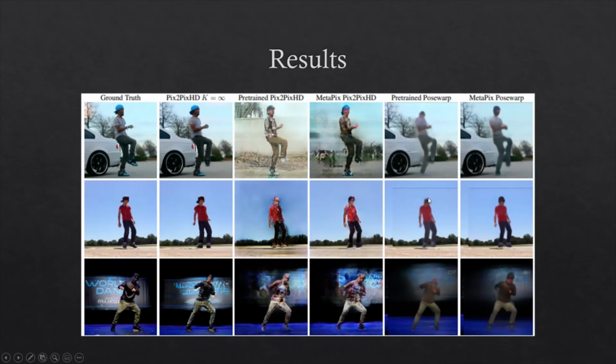This image is closer to the ground truth than the pre-trained pose warp. And if we have an infinite number of k images, then we can safely assume that it's always going to perform better than any of these methods and be closer to the ground truth.